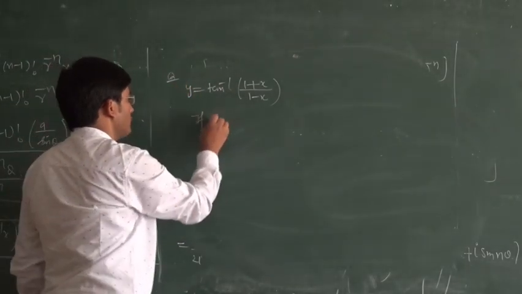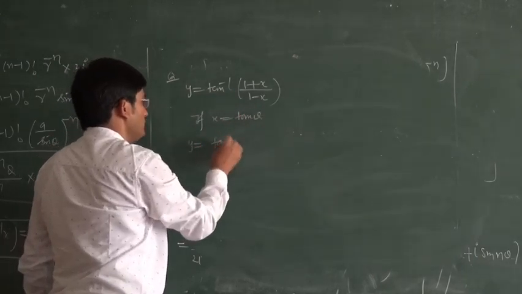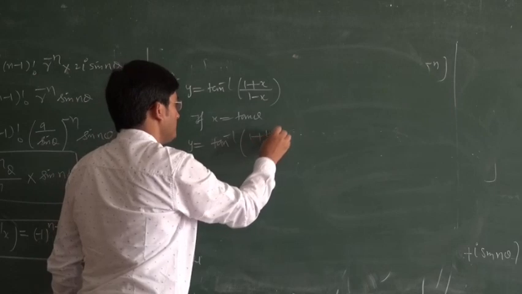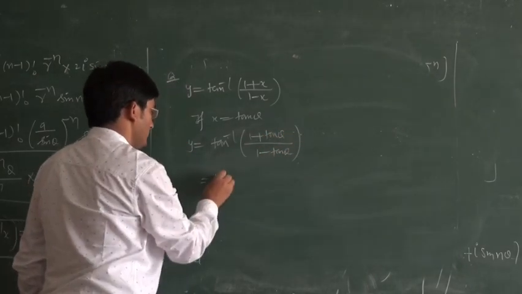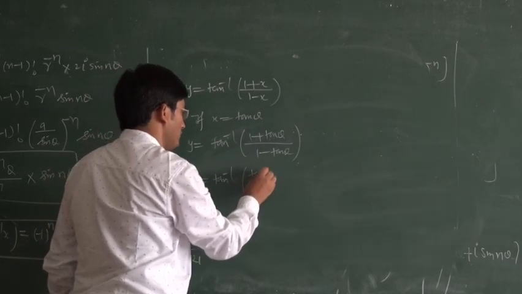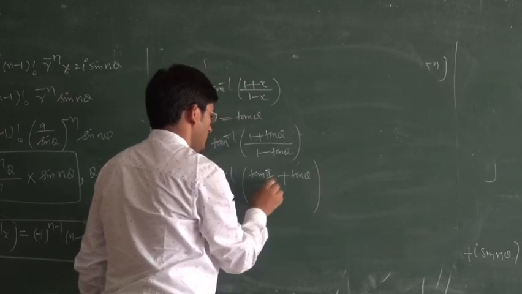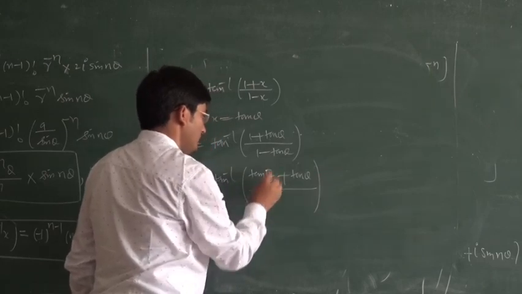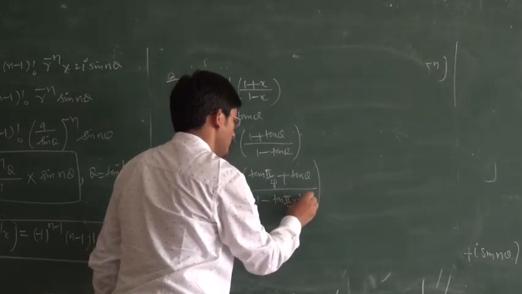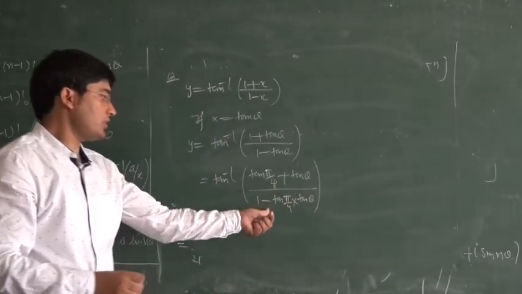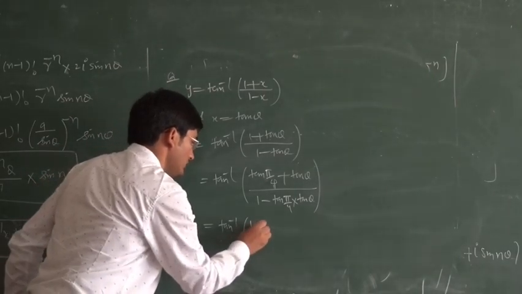If x equal to tan theta, then we can write this as tan inverse (1 plus tan theta) upon (1 minus tan theta), and this is tan inverse (tan pi by 4 plus tan theta) upon (1 minus tan pi by 4 tan theta), into 1. Now this 1 can be written as tan pi by 4, because tan pi by 4 is 1. So we have (tan a plus tan b) upon (1 minus tan a tan b), which is tan (a plus b).